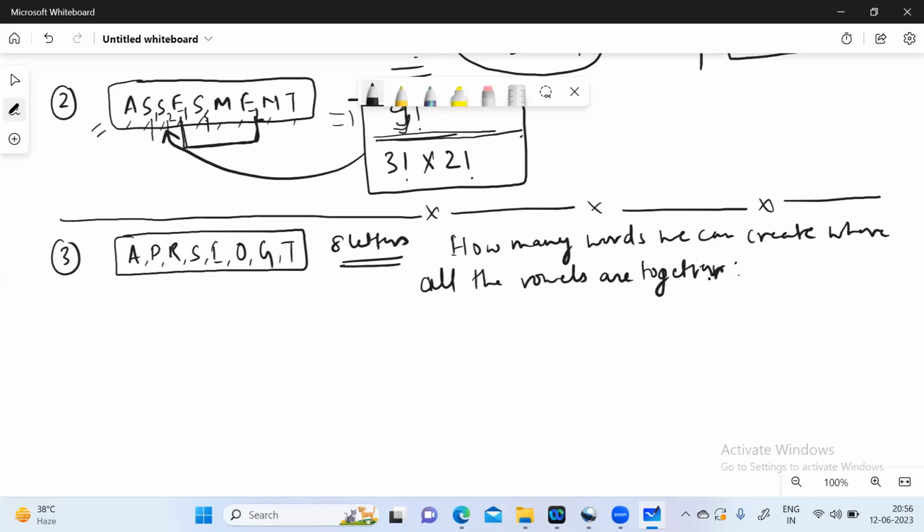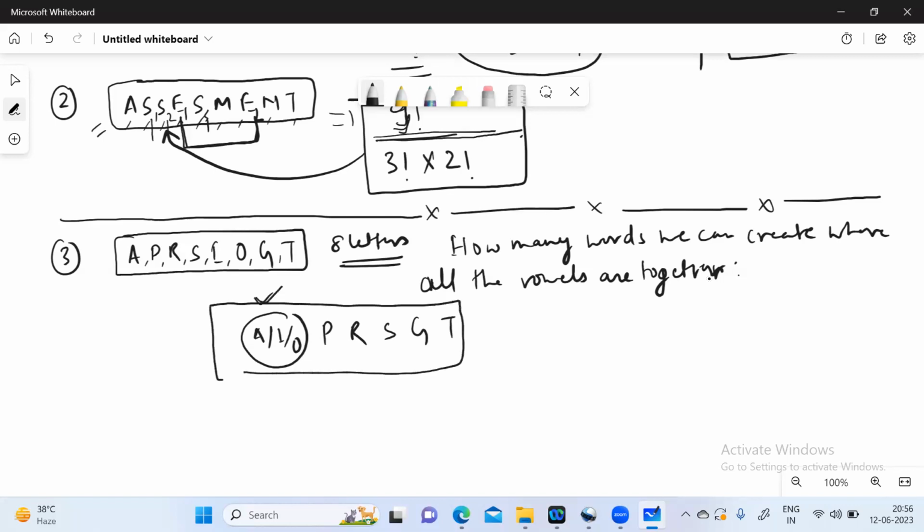So I'll make a packet of vowels of A, I, and O, and then I'll write the other letters as they are: P, R, S, G, T. And I'll count this packet of vowels as one letter only. So how many letters do I have now? 6. So the total number of arrangements possible with these 6 letters will be 6 factorial.